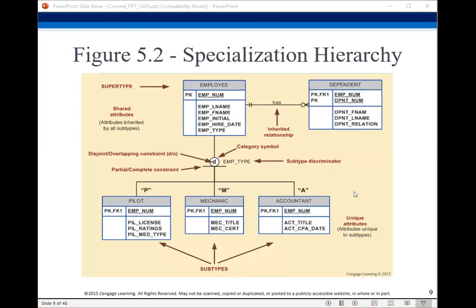And here we see an example of a specialization hierarchy. Employee, and then there's different types of employee. In an airline, for example, we might have pilot, mechanic, or accountant. Let me ask you, what is an entity supertype and why is it used?